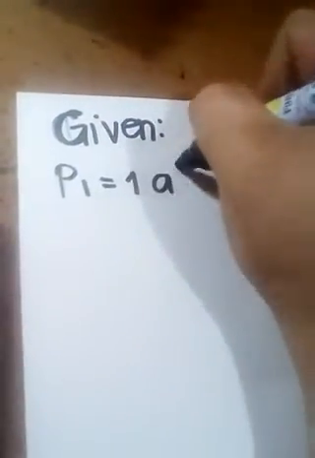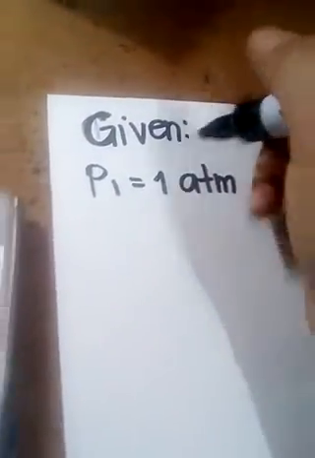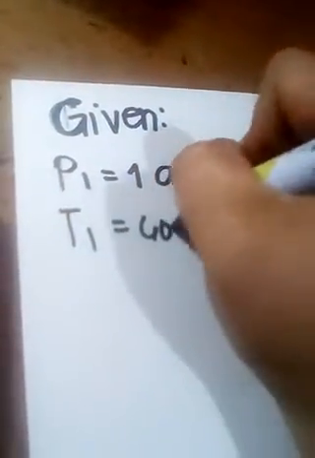Of course, first we must determine the different givens. We have the initial pressure, which is 1 atm. We have the initial temperature, which is 60.3 degrees Celsius.